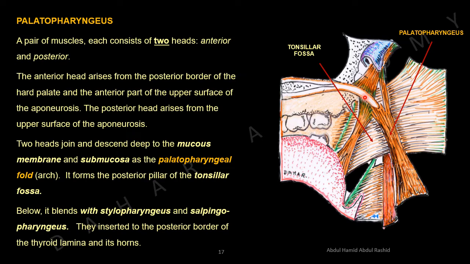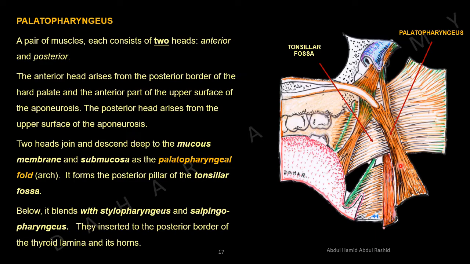The two heads join and descend deep to the mucous membrane and submucosa as the palatopharyngeal fold or arch. It forms the posterior pillar of the tonsillar fossa. Below, this muscle blends with stylopharyngeus and salpingopharyngeus muscles. They are inserted into the posterior border of the thyroid lamina and its horns.